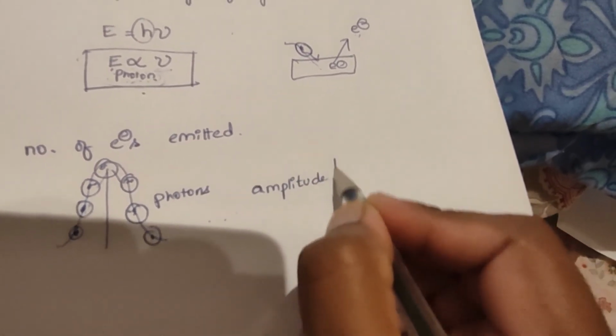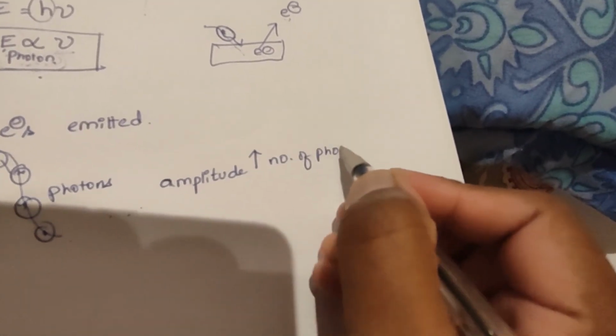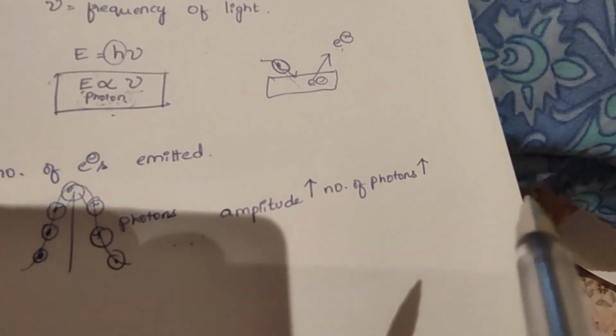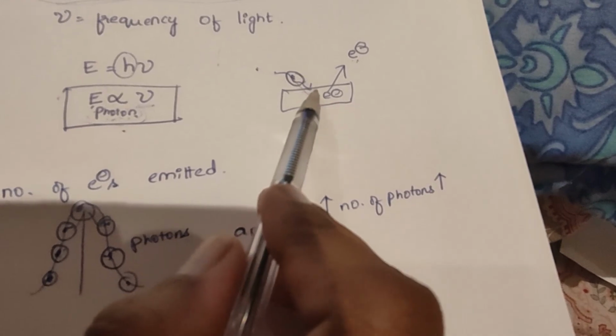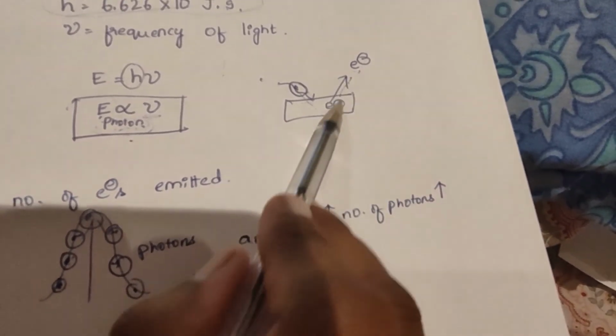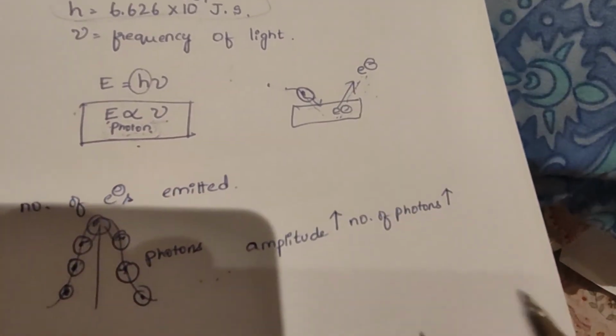Amplitude is more, then the number of photons will be more. If the number of photons striking the metal surface increases, then the number of electrons will also be increased.